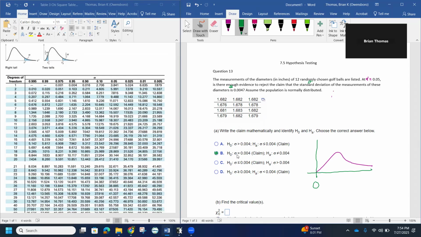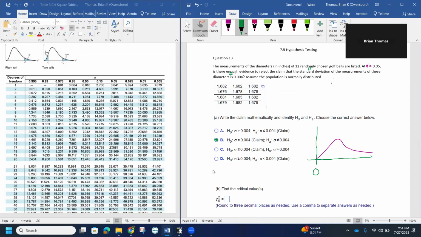So the population standard deviation is 4 thousandths of an inch. That's the claim. And the complement, the alternative hypothesis, is sigma does not equal 4 thousandths of an inch.